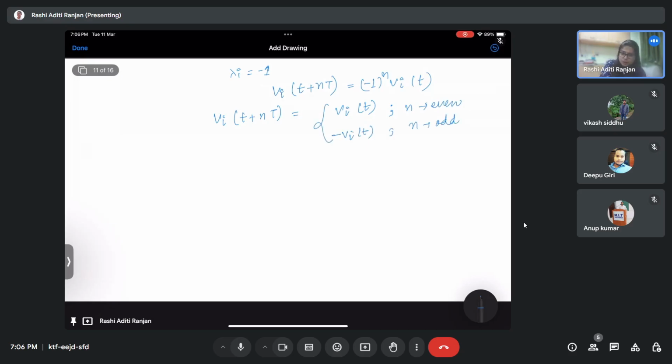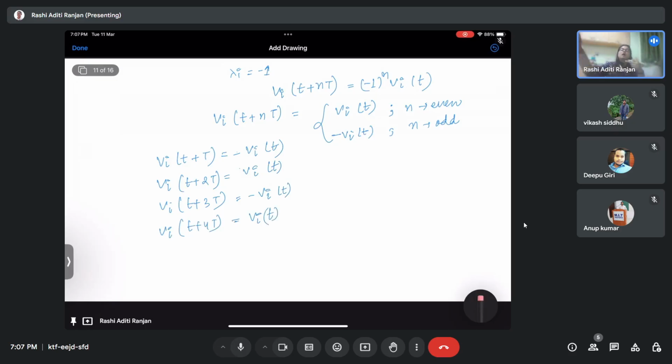Now, what does this mean? This means that Vi after t plus T is going to be minus of Vi of t. Vi after t plus 2T is going to be Vi of t. Vi after t plus 3T. You can see the value is getting repeated after two time periods, right?